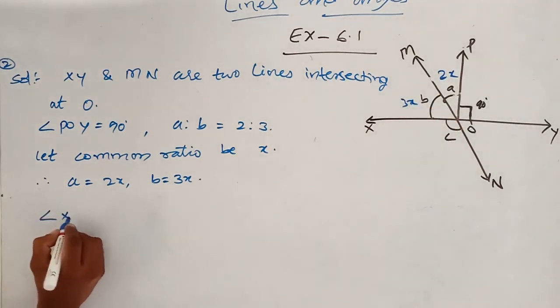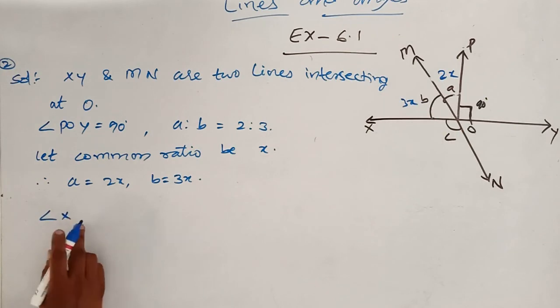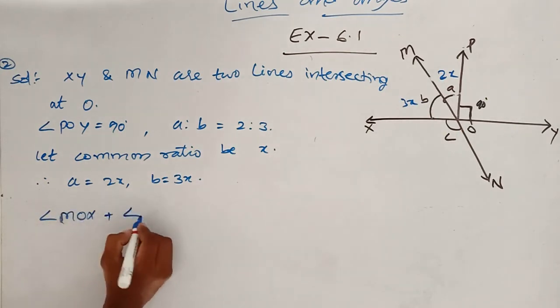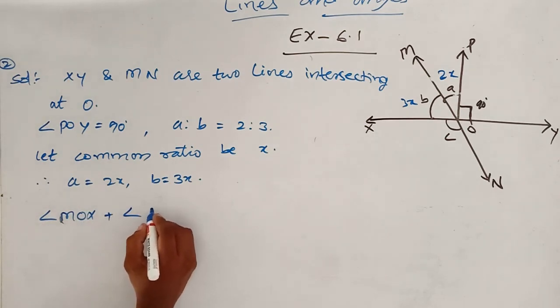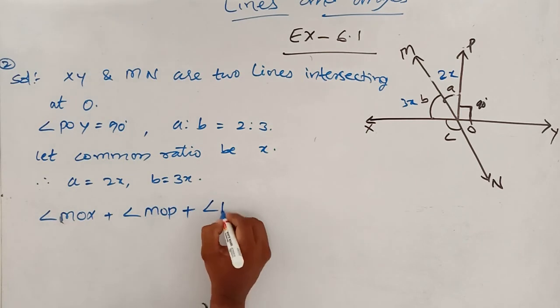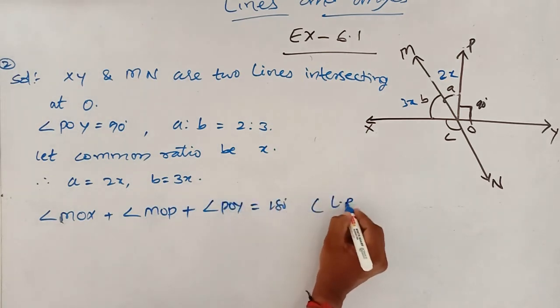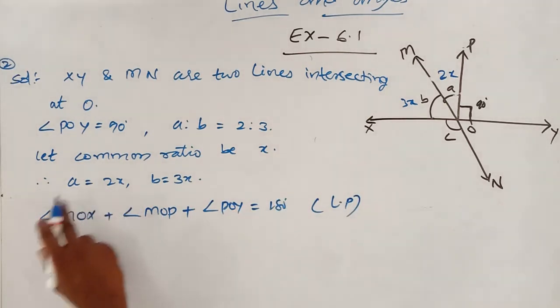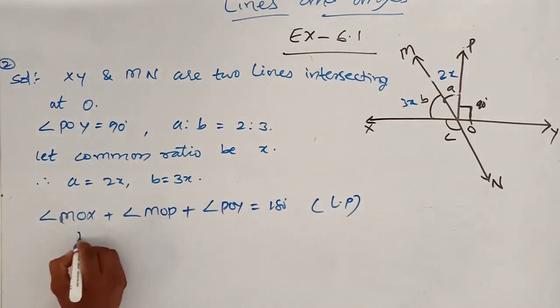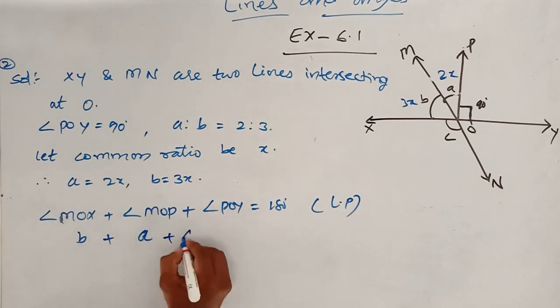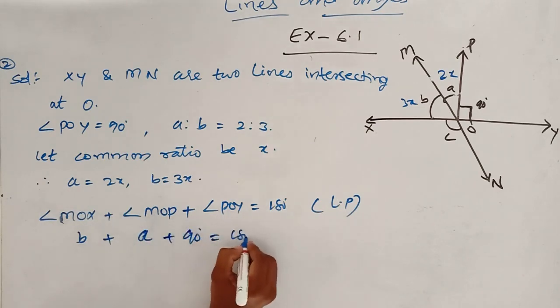Now angle MOX plus angle MOP plus angle POY is equal to 180 degrees. It is a linear pair. Now MOX value is B plus A plus POY is 90 degrees, that's equal to 180.